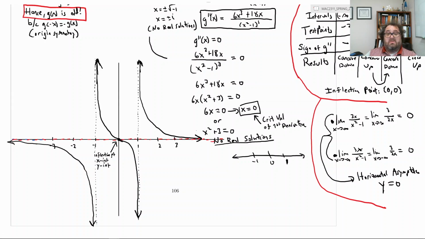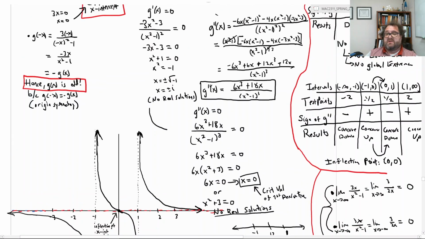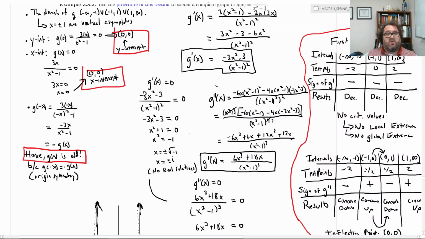So again, when I first saw this original function, I wrote these notes 6 months ago. I had no idea what it was going to look like.